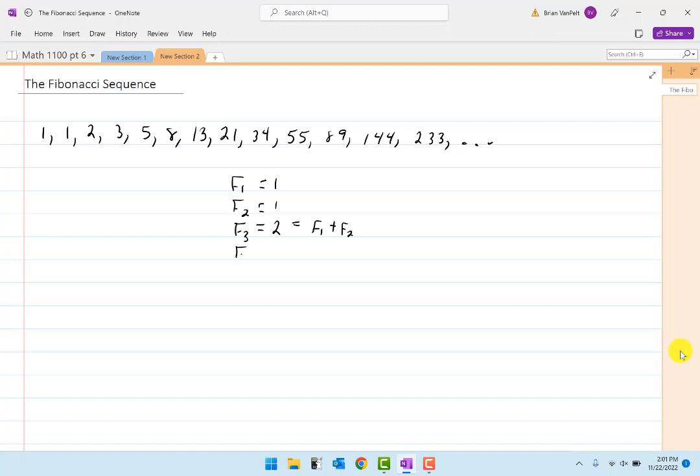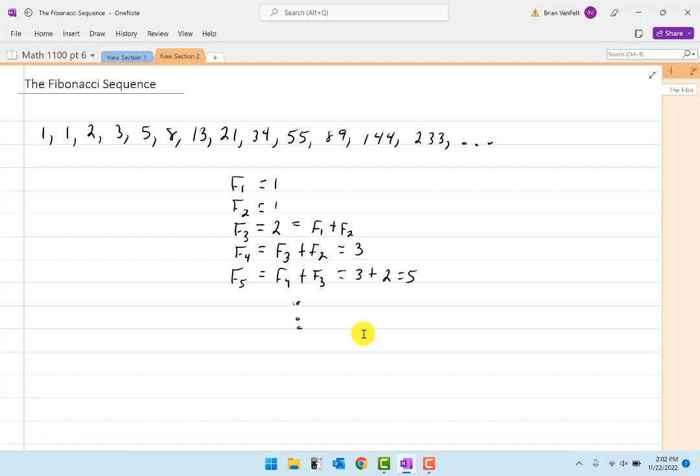Then if I move on to F sub 4, I'm going to take F sub 3 and add it to F sub 2. F sub 3 is 2, and F sub 2 is 1. So that equals 3. F sub 5 equals F sub 4 plus F sub 3, which is 3 plus 2, and you get 5. So you can see how you generate them this way.